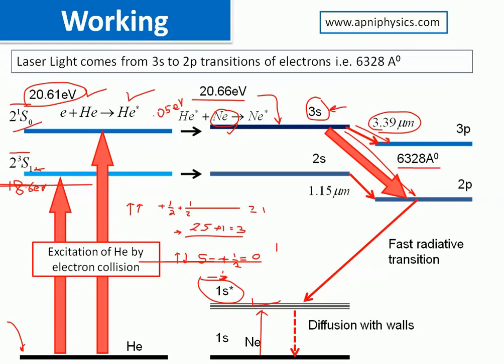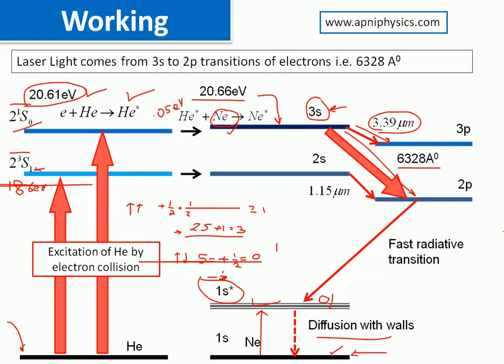So how do the atoms now come into the actual ground state? That is by diffusion with the walls. Atoms, when they come into this state, lose their energy with the collision with the wall, and as a result come into the actual ground state.